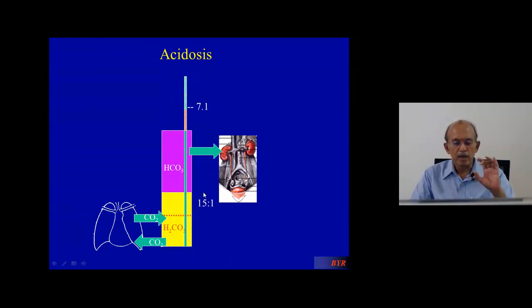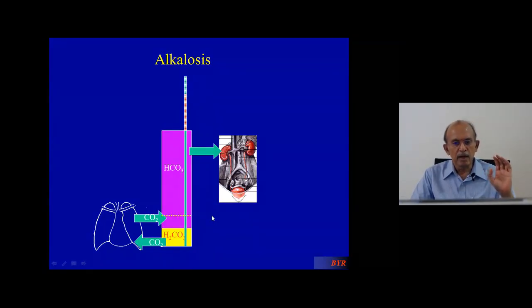Acidosis means whenever the ratio gets altered, instead of 20 is to 1, if the 20 becomes less, we call it acidosis. This is an example of alkalosis, where the bicarbonate concentration in relation to carbonic acid has increased. So the ratio has become 25 is to 1. Then we call this alkalosis. I hope now you got the point. So acidosis and alkalosis are reflected by the ratio between the bicarbonate and carbonic acid.